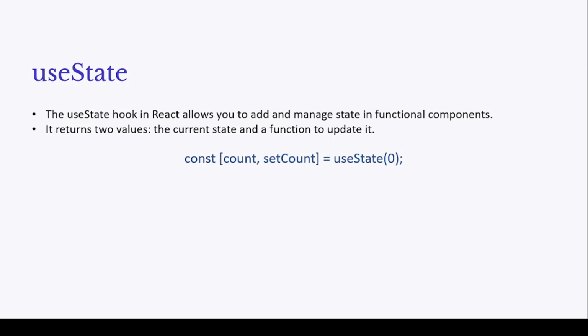So here we are using the concept of destructuring, wherein useState is the hook, the function that accepts one parameter, wherein we have to specify the initial state. So for now, in this example, the initial state is 0. You can also specify a string or an object.